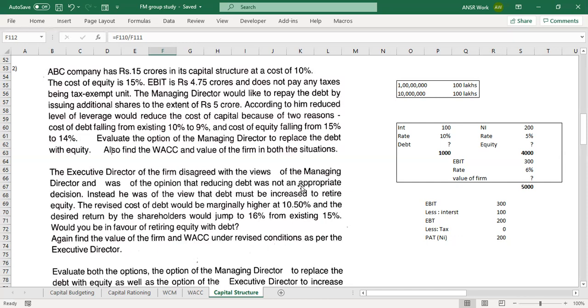Okay, so EBIT is 4.75 crores initially, and cost of equity is 15%. You were saying with that, you said something else along with it.